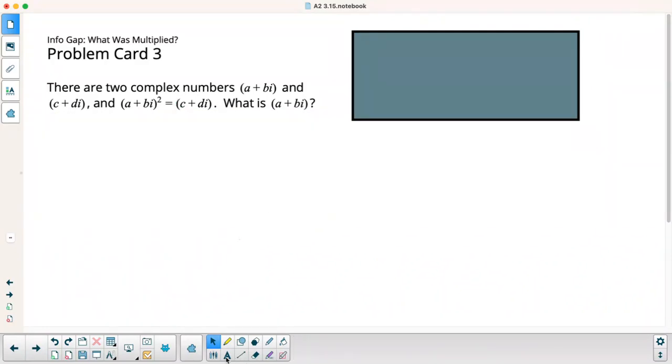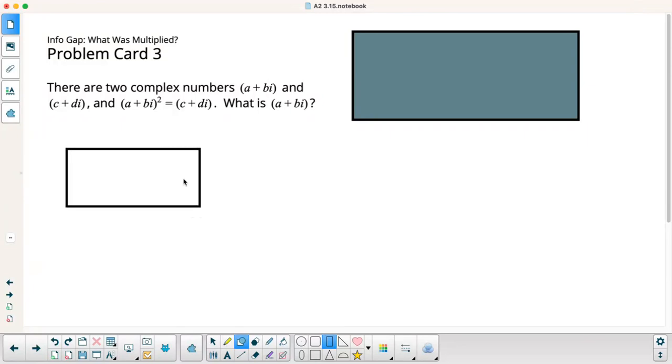So probably want to multiply this out. So you've got a plus bi, a plus bi. So this is going to be a squared. This is going to be a bi. This is going to be a bi, and this is going to be b squared i squared.